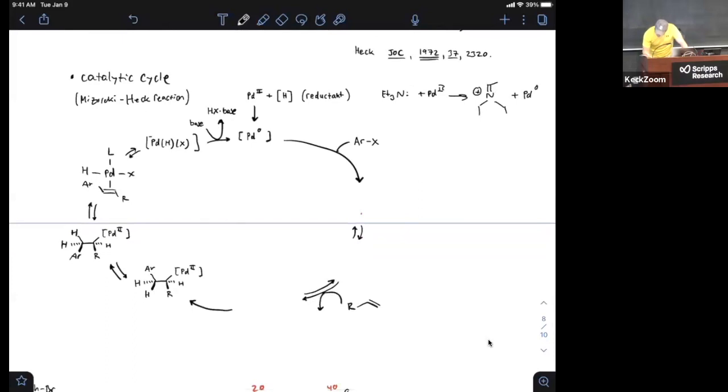That can then oxidatively add to the aryl iodide species.